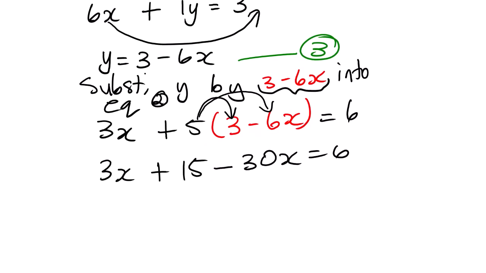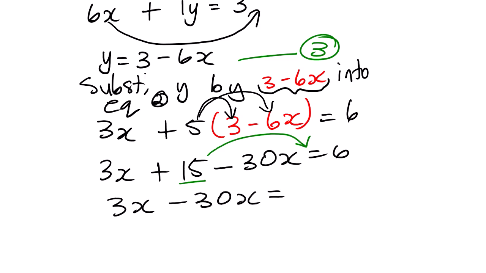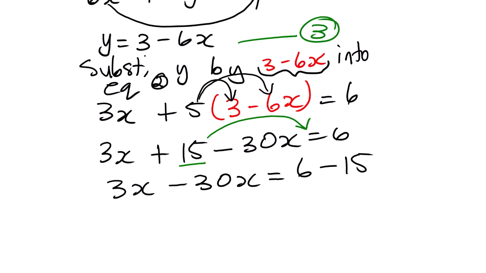And then from here, we are going to group the like terms. We take this one to the other side. It becomes negative 30x, equal to 6 minus 15. 3x minus 30x, we have negative 27x equal to 6 minus 15, which is negative 9.